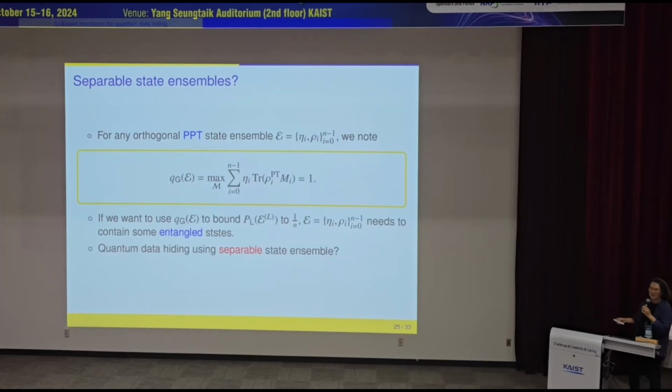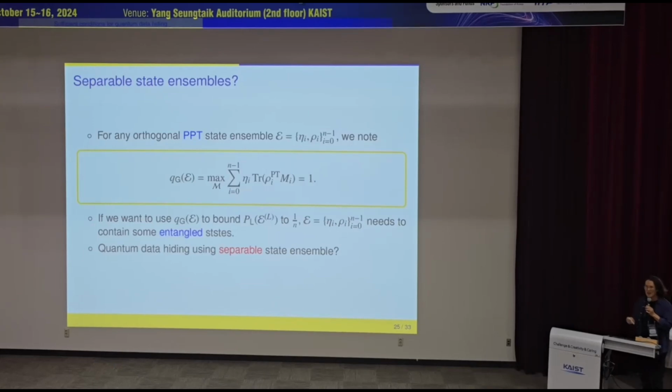So Q_G is always 1. So if we want to use this Q_G to randomize this P_PPT, then there must be some entangled state in this ensemble. With only separable states, every separable state is PPT, so Q_G is always 1.